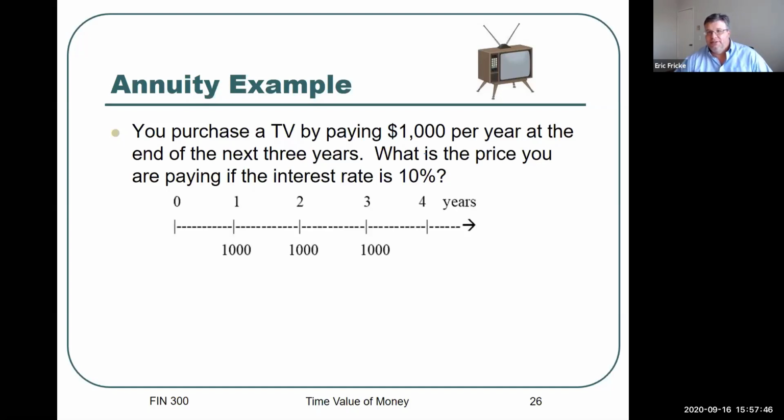This is what the cash flows look like on a timeline. Our goal is to get all these 3 cash flows back to time 0 and find the total sum of those cash flows. So this is how we would do it using the math.